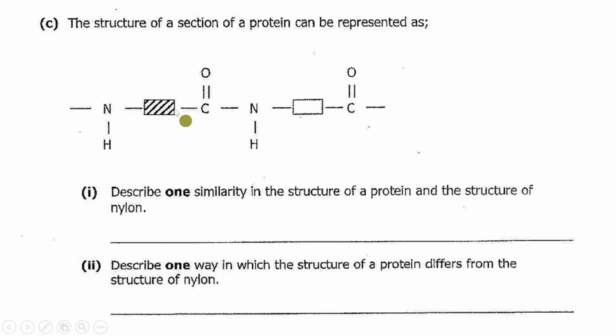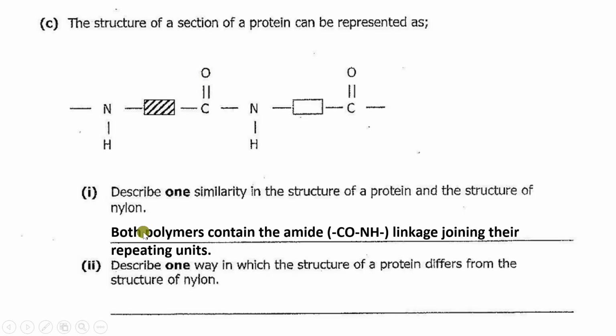Then we move. C. The structure of a section of a protein can be represented as shown here. So this is a structure of a part of a protein. Now they're saying describe one similarity in the structure of a protein and the structure of nylon. So when you look at nylon, it has this link here, it's their similarity.